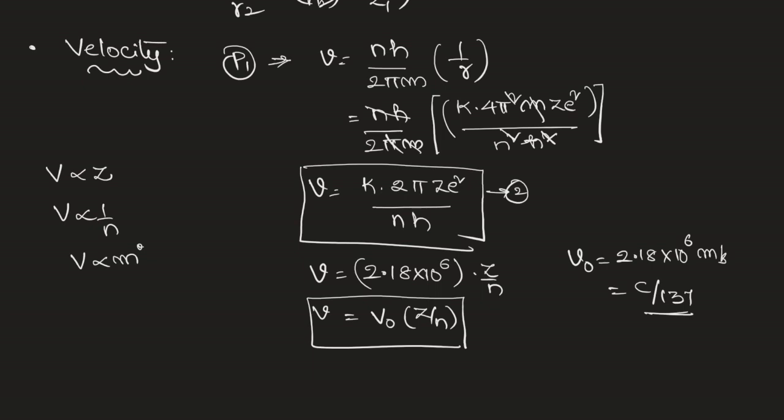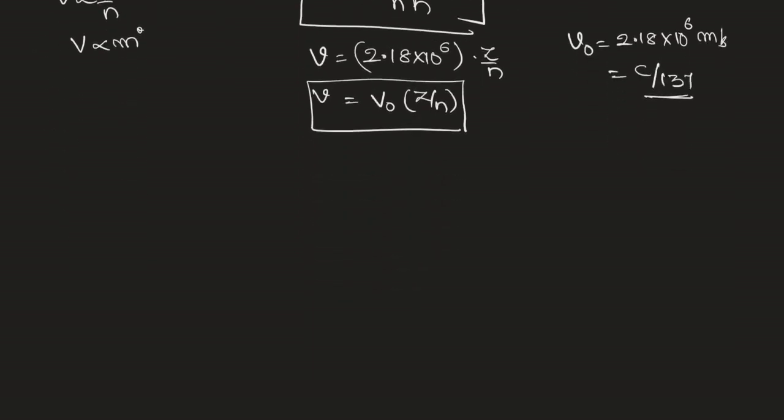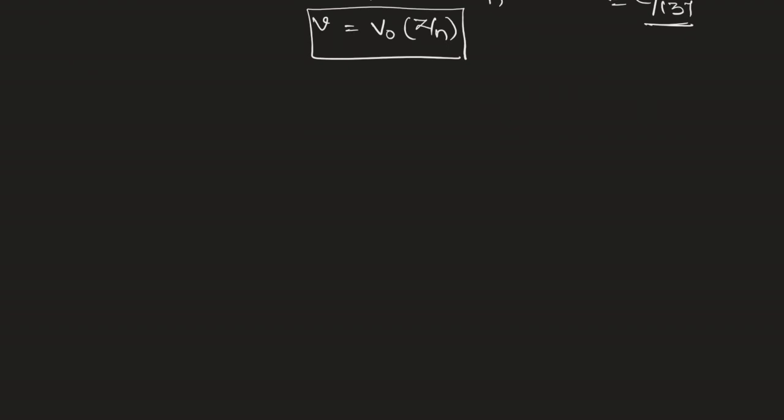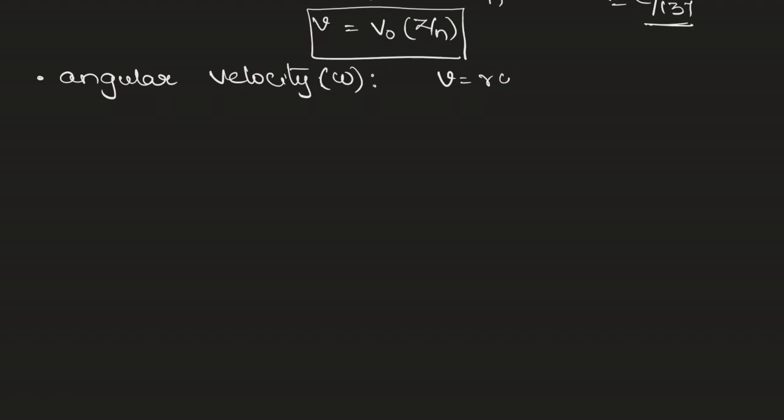Once we know velocity and radius, the next parameter they'll ask you about is angular velocity. Here onwards, the proportionality constants are important. For angular velocity, if I represent it with omega, we know the relation between angular velocity and linear velocity is v is equal to r omega.